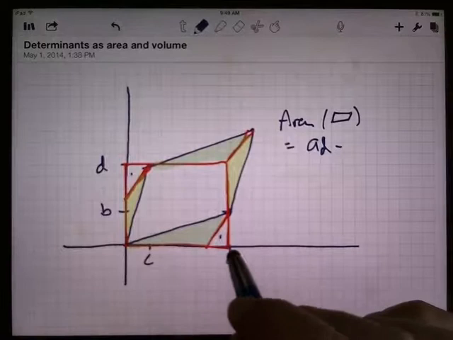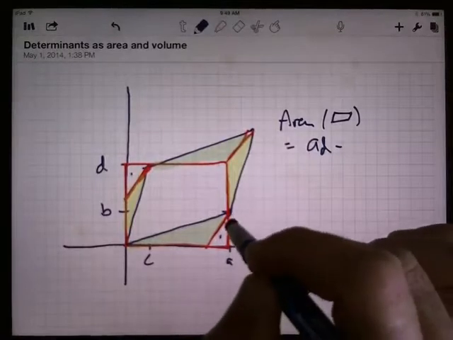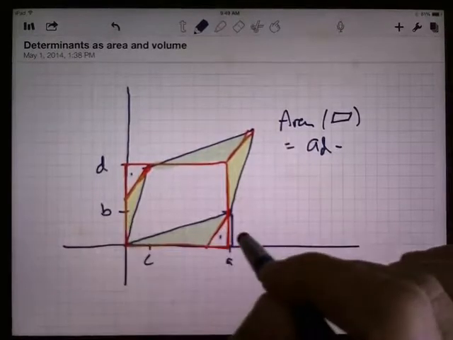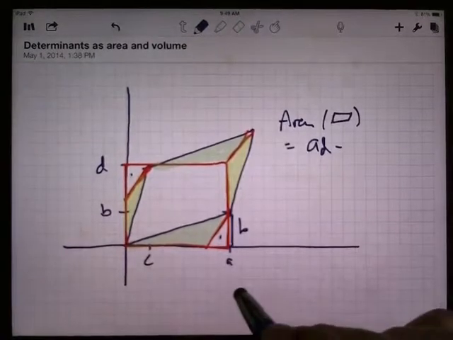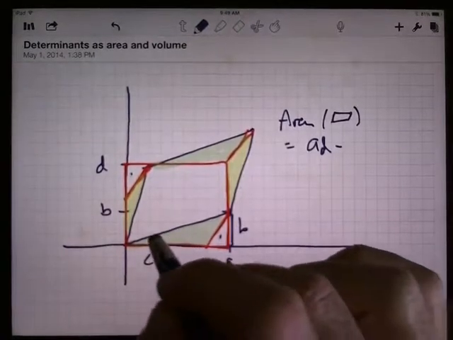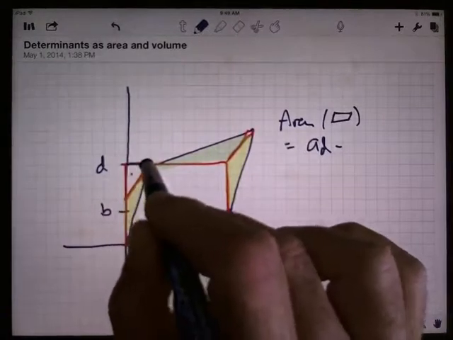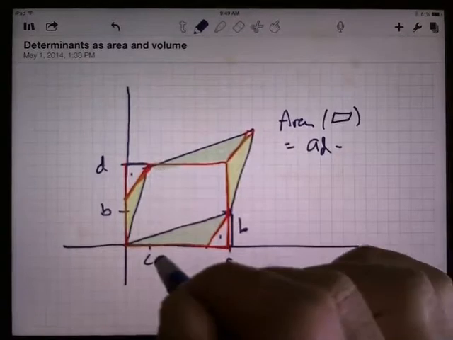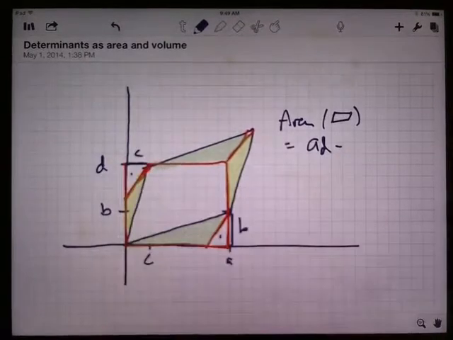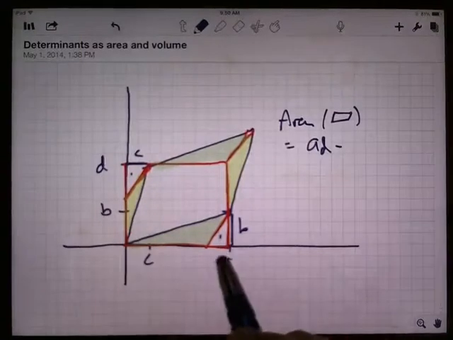Well, I noticed that the height of this one right here is B, right? I also notice that the width of this one right here is C. And what I want to claim is that they're both the same.